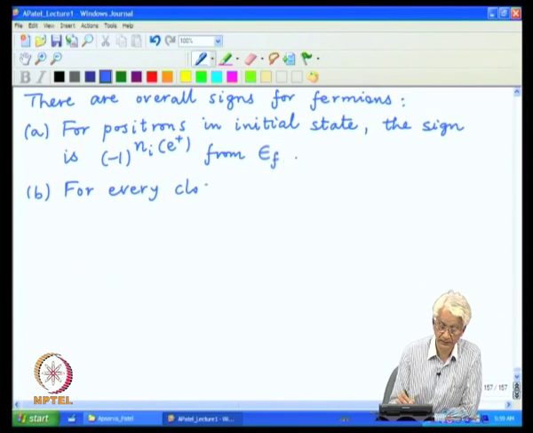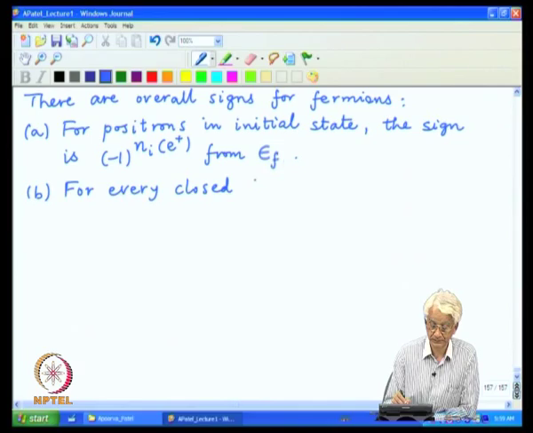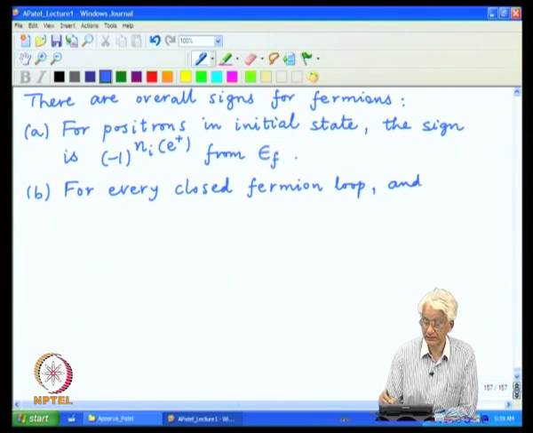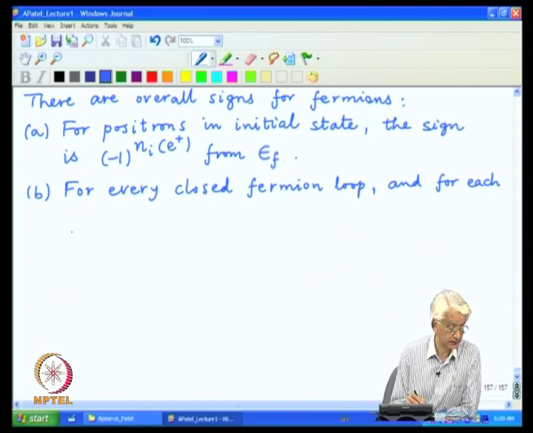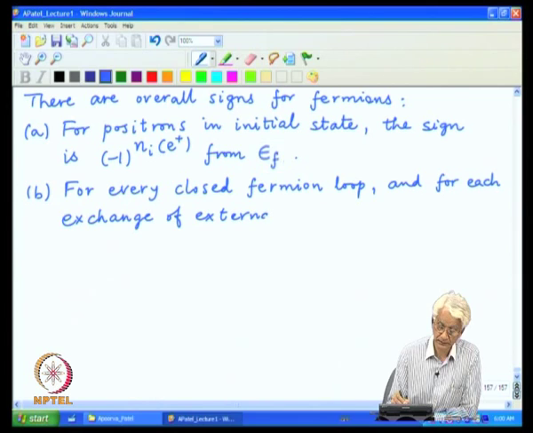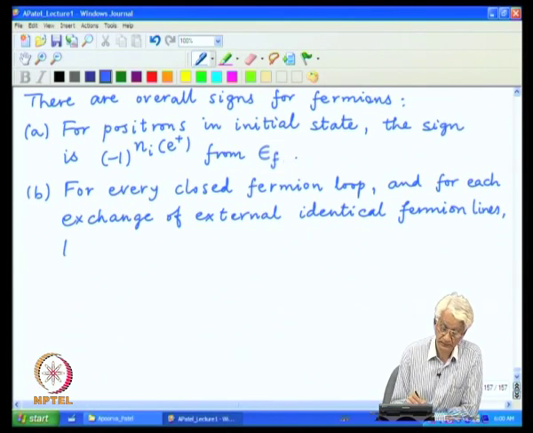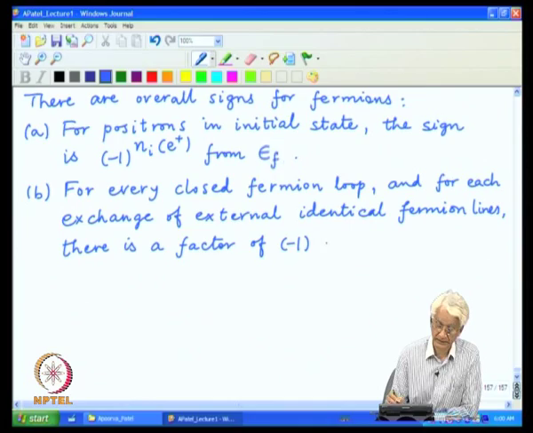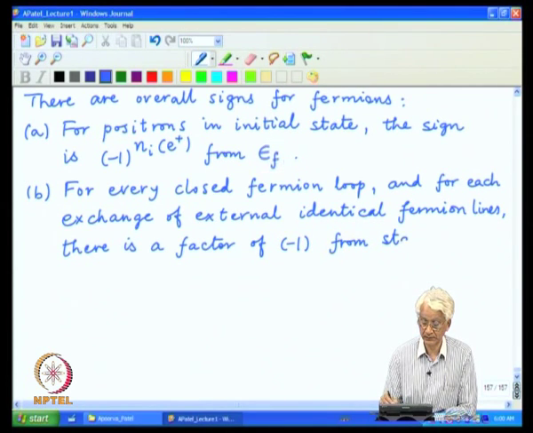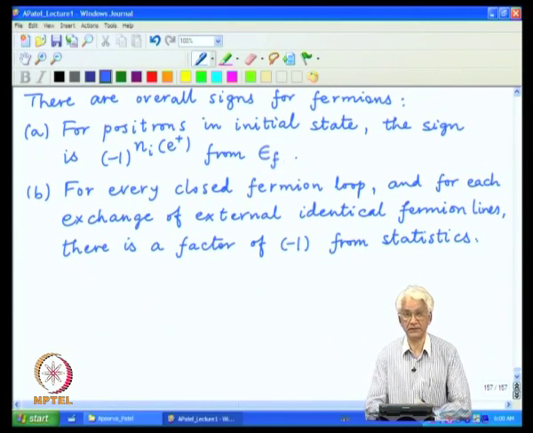And for every closed fermion loop and for each exchange of external identical fermion lines, there is a factor of minus 1, and this is a consequence of statistics.